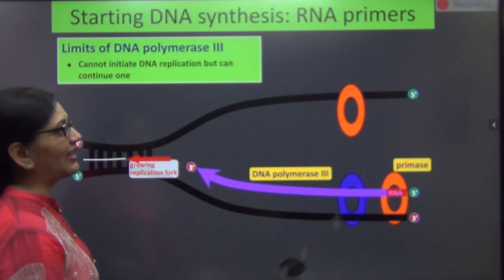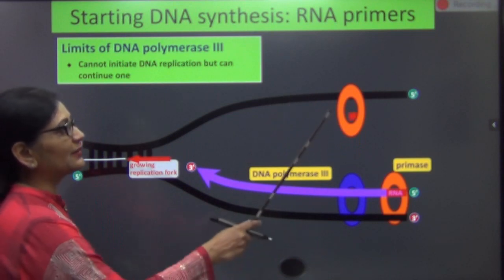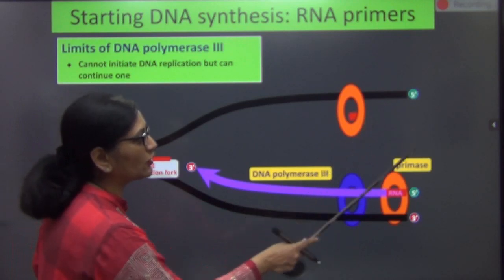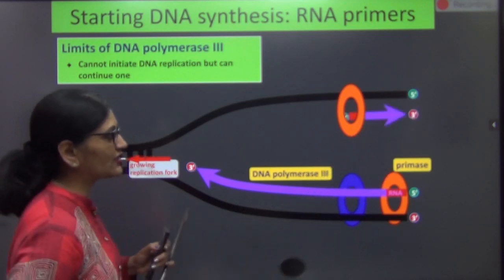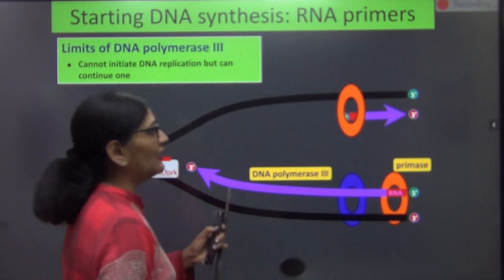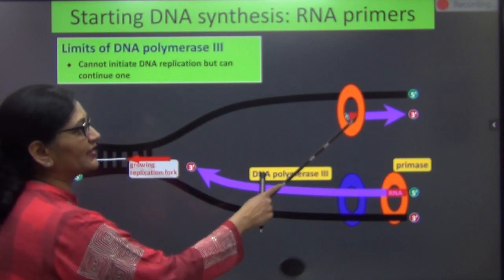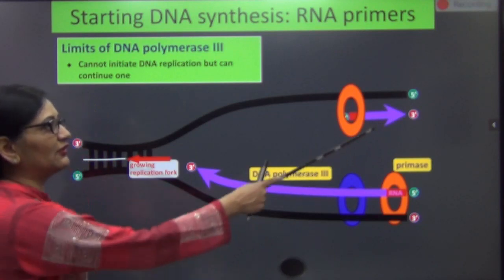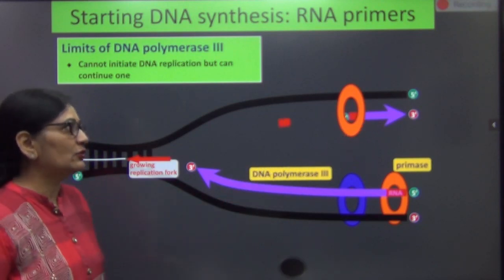Now if you look at the other strand, the primase will be formed here, but in this case the direction will not be this, it is going to be that. So the primase is attached, then you can see the red colored primer is formed, and then the polymerase enzyme will help in the formation of the new strand.